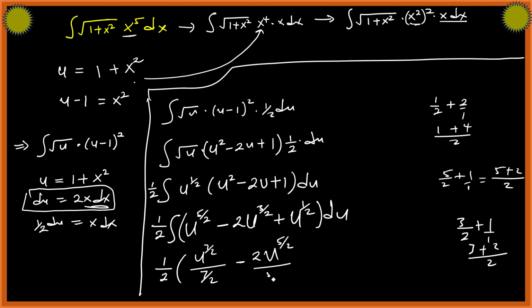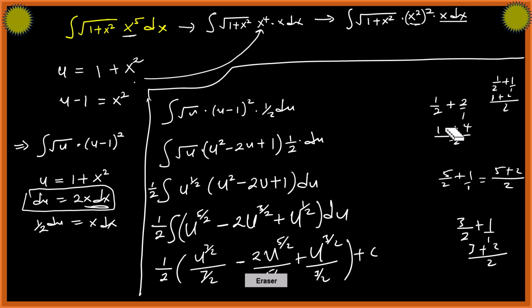Then we have this u to the power half, so half plus 1 gives us 3 on 2, over 3 on 2, plus c.